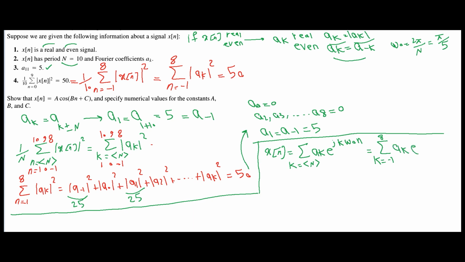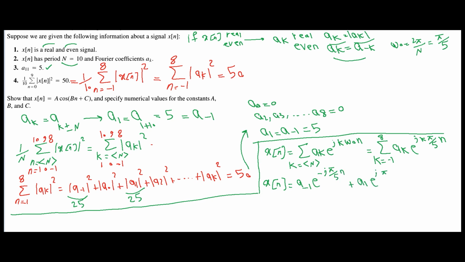Since the fundamental period is 10, the fundamental angular frequency is 2π divided by 10, which simplifies to π over 5. Therefore, the signal can be written as the summation of a_k e to the power of jkπ n over 5.